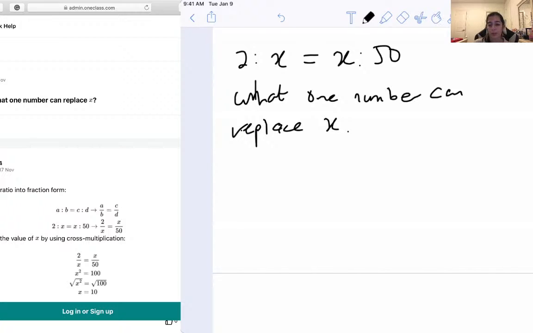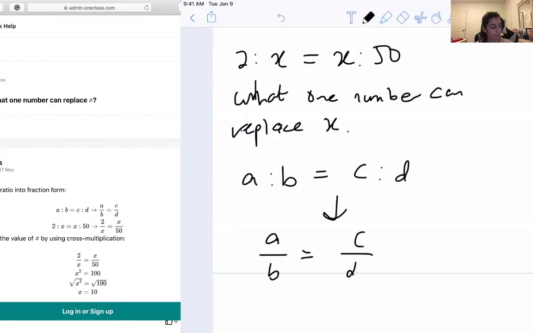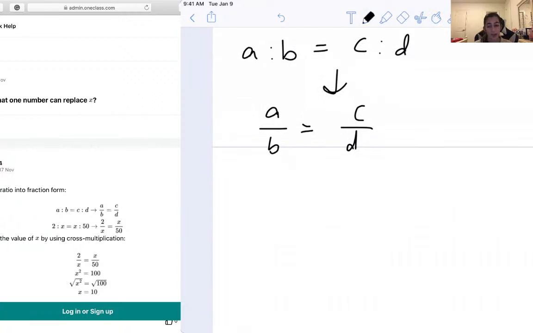So what we can do is turn the ratio into fraction form. A to B is the same as C to D, and if we turn this into fraction form, it would be A over B is the same as C over D. Then we can take the values that we already have. So we have 2 to x is equal to x to 50.